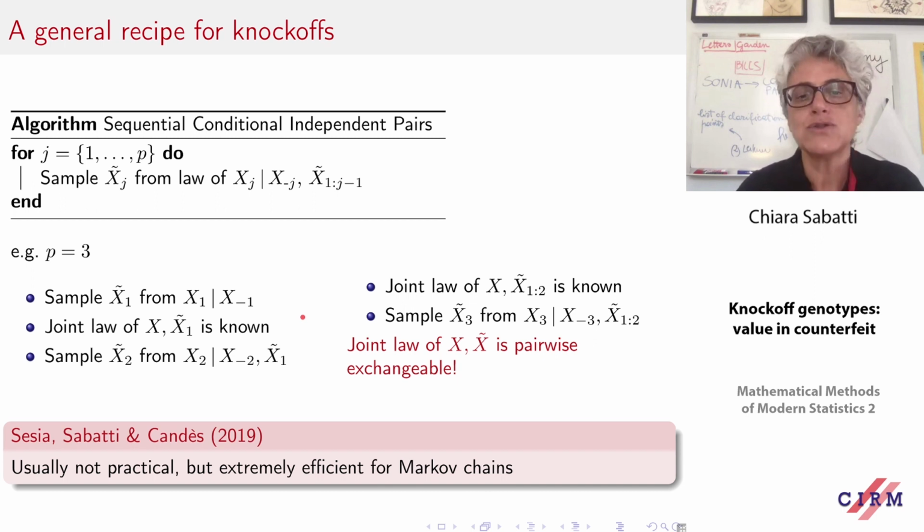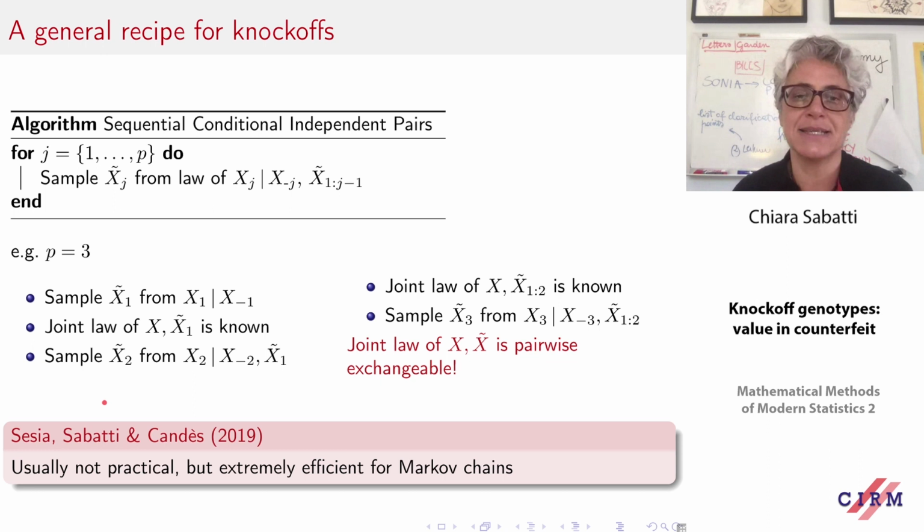We now also can write down a joint law of x1, x2, x3, the original x, and x1 knockoff, which is simply given by the original law multiplied by this conditional density. Now we then have a law on four variables, and we are going to sample x2 tilde from the conditional distribution of x2 given x1 and x3, the original variables, and the knockoff for x1.